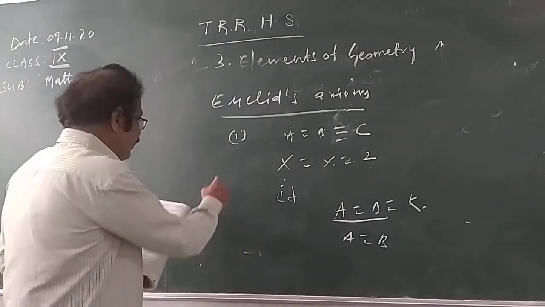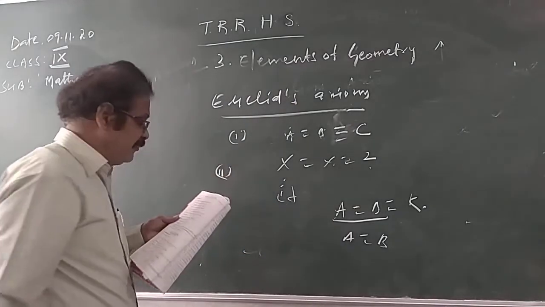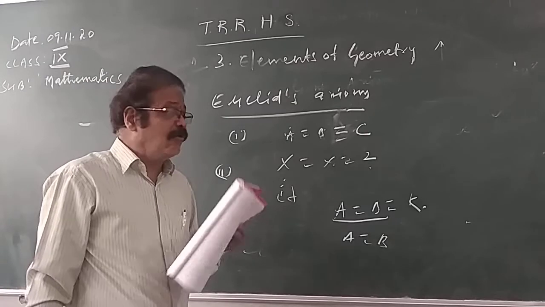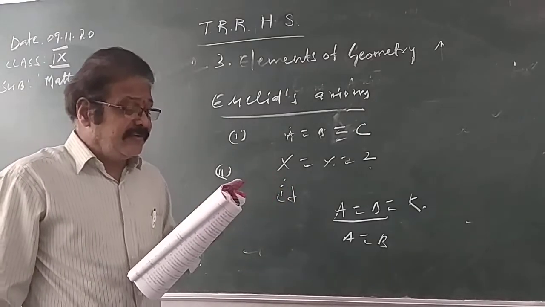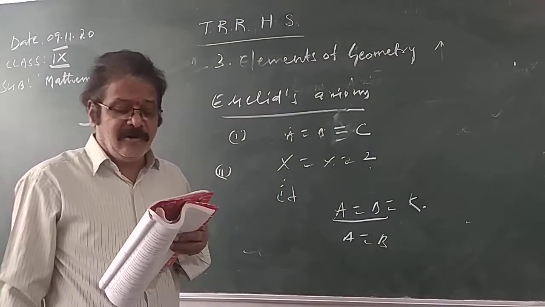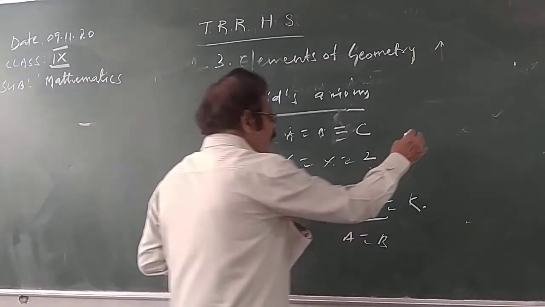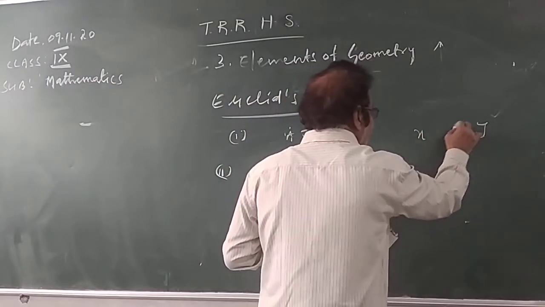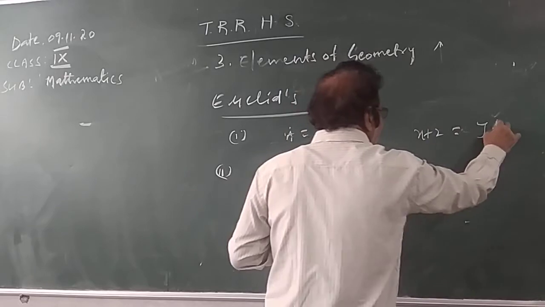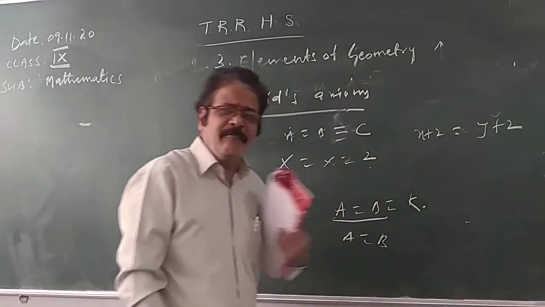The second axiom is, if equals are added to equals, the wholes are equal. For example, X is there, here Y is there. When you add 2 here, here also add 2. Then X plus 2 equal to Y plus 2.